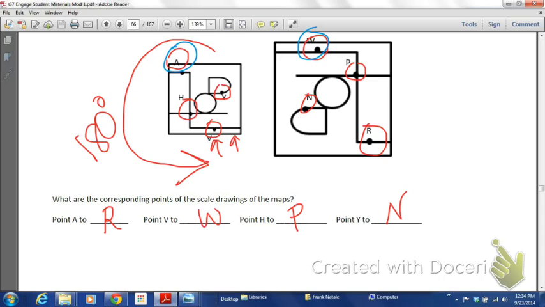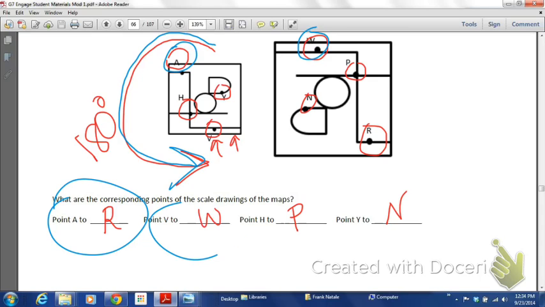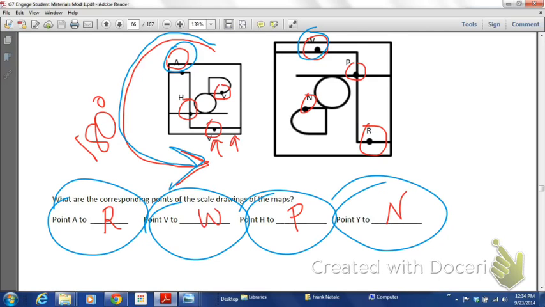But if you looked at them the proper way, and if you went and spun it around 180 degrees, you would be able to hook them up or find their corresponding points this way. Okay, that's really important though if you are taking a trip through some gardens like Derek's family.